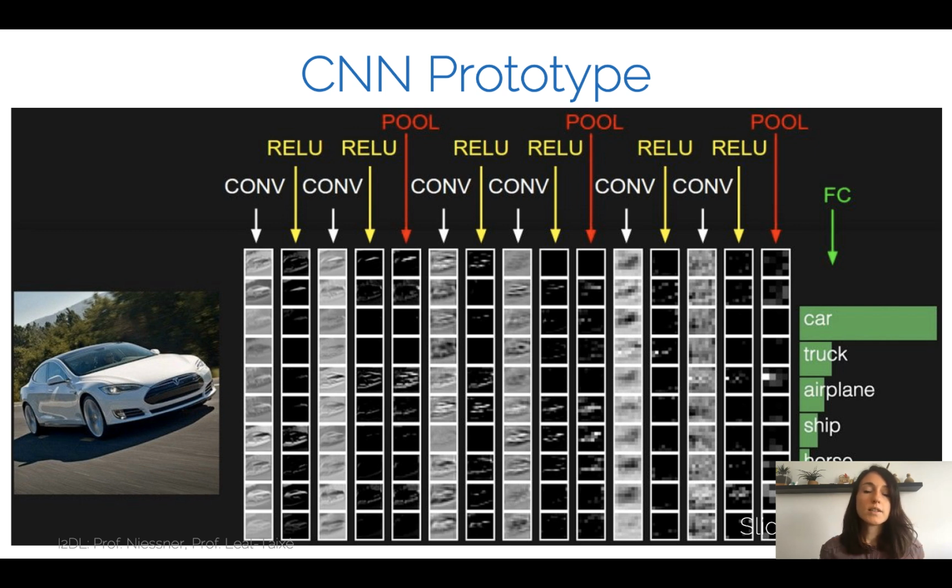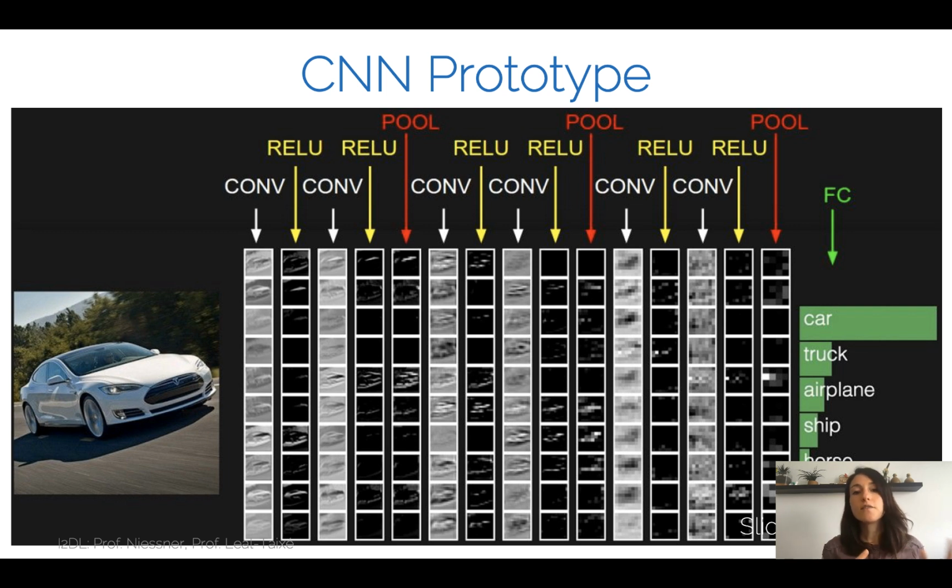And we looked also at the CNN prototype. So how does a typical CNN architecture look like? We saw this interlace between convolution and nonlinearities, typically ReLUs in the case of convolutional neural networks. Then the pooling operation, which reduces the spatial size.